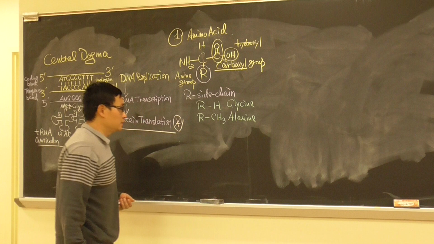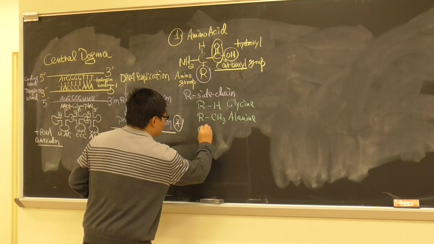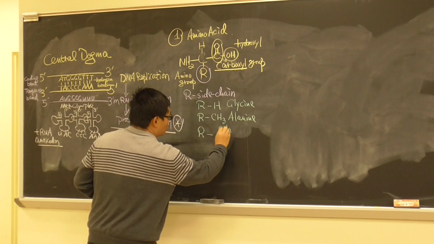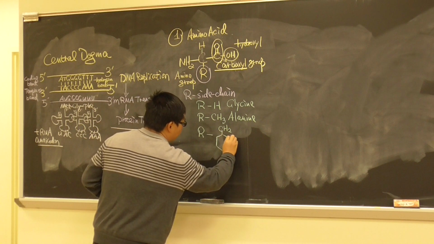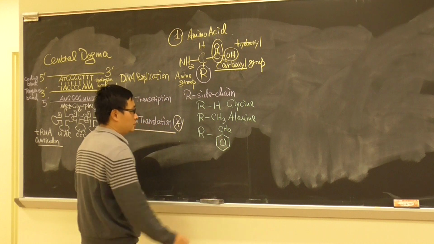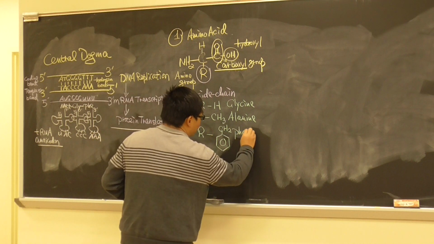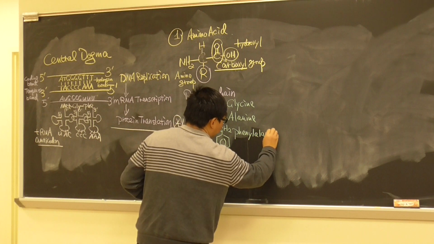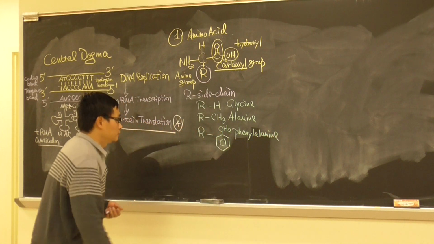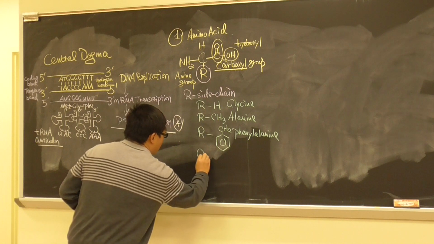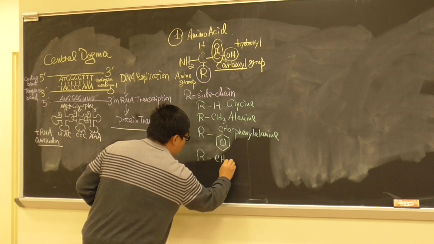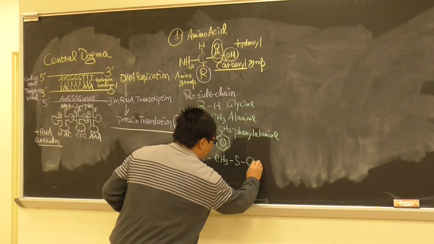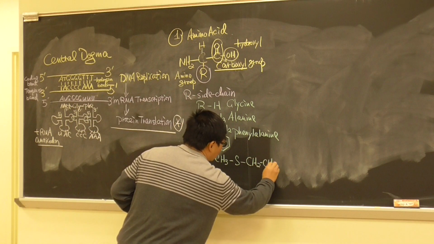If this R is CH3, which is a methyl group, this will become alanine. Now let's do something a little bit more complicated. If this R is a CH2 combined with a phenyl ring, we call this phenylalanine. Now, let's say this R is CH3 with a sulfur S, then CH2 and CH2.